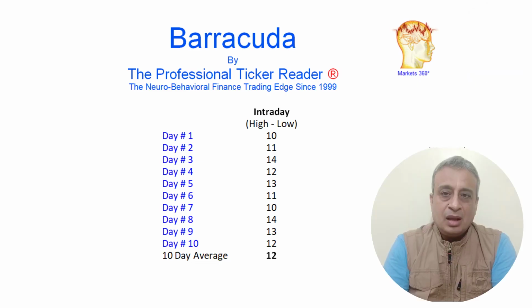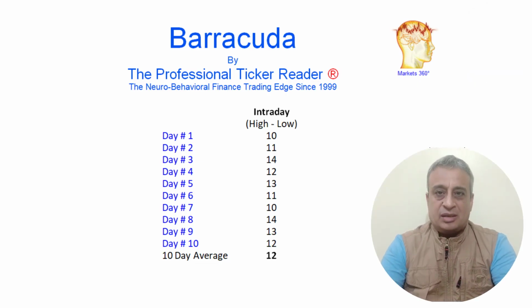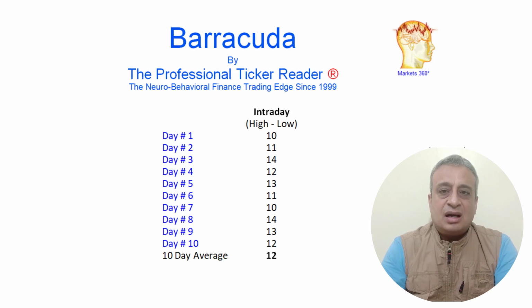So let's dive right into the matter at hand and see how you can gauge how much any tradable instrument can rise up or go down by. On your screen is a very simple table.